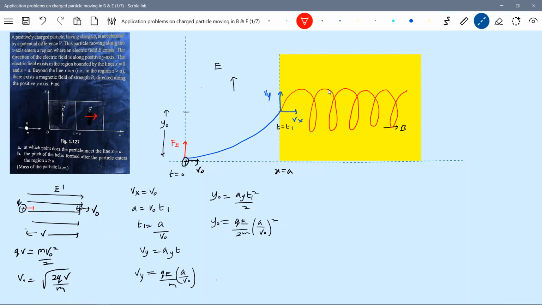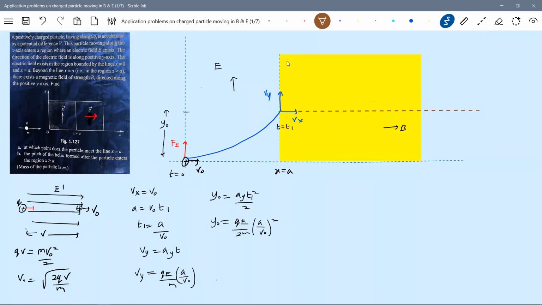So this will be the axis of helix. Rough diagram it is. First we'll draw the helical path. First I'll draw the axis of helix.